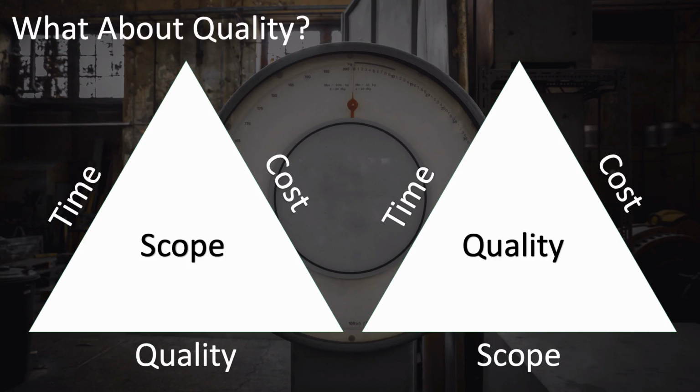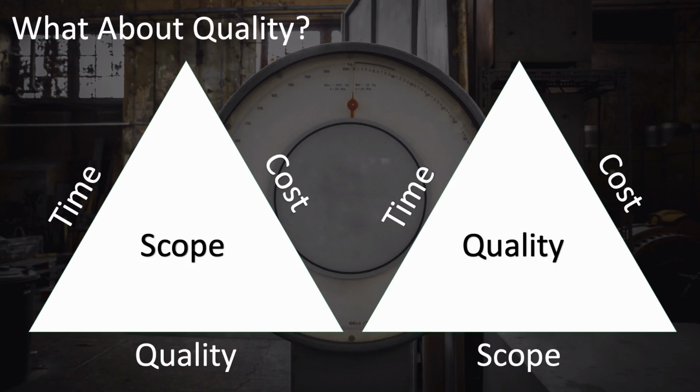Now, if you take a look at the other triangle, in which quality is in the middle, if you have less time to work on the project and you reduce that one, then yes, quality will probably suffer if nothing else is changed. Or if you reduce the amount of money you have to spend on the project without changing anything else, yes, quality will suffer.